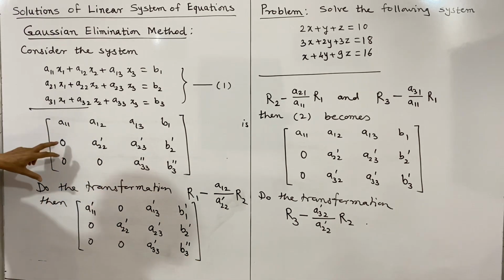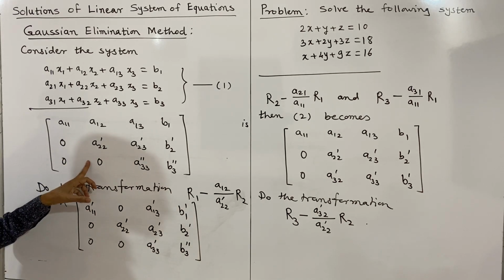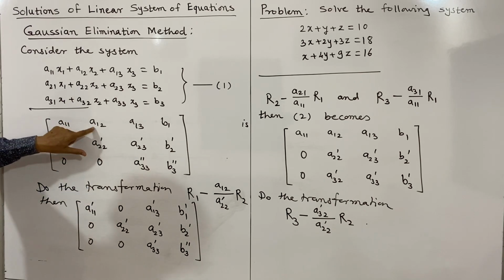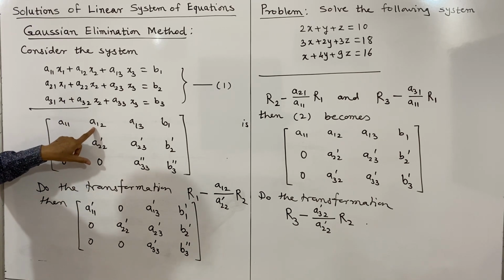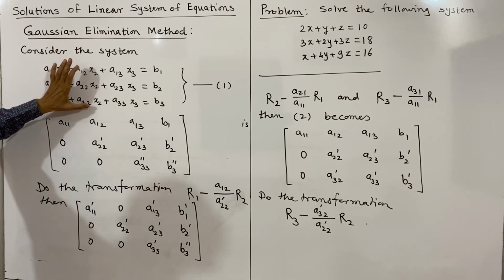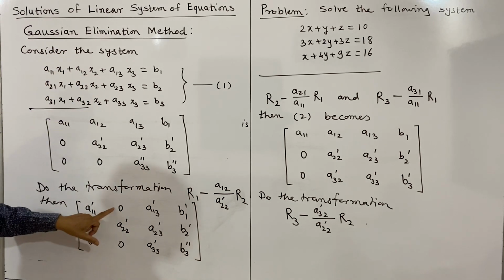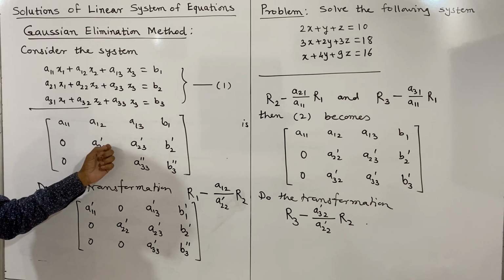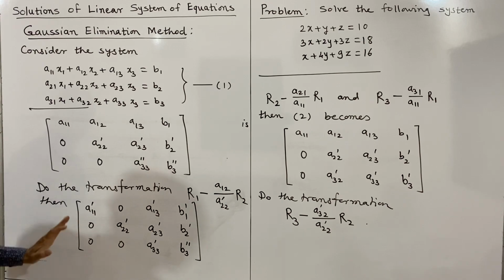Instead of making only these two elements 0, we have converted this element also to 0. That means we have eliminated x2 from the first equation and also from the third equation. So this is a modification of the Gauss elimination method, and that method is known as the Gauss Jordan method.